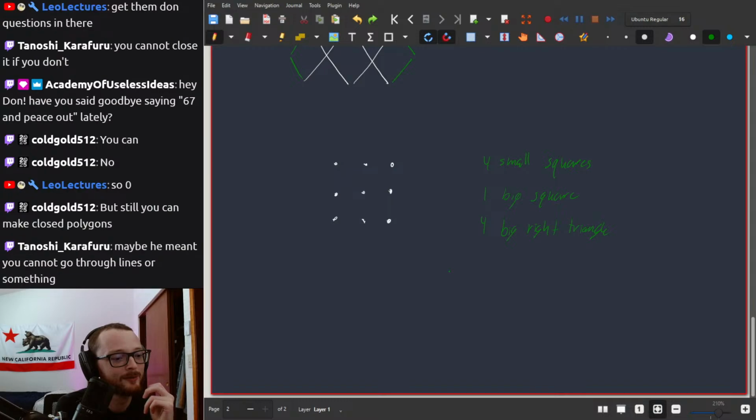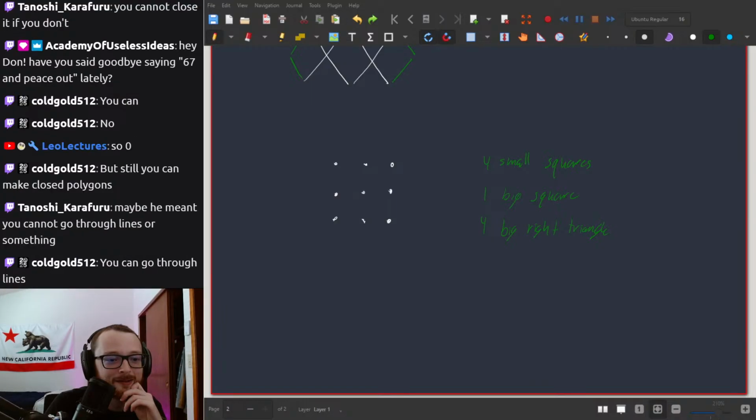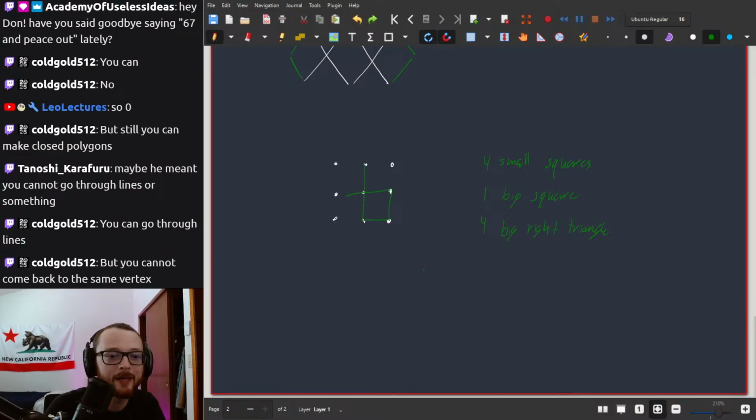You can. Wait, no, but you can still make closed polygons. You can go through. Oh. So you're saying I can make... Wait, how do I... If I do that? Like, I made a square if I do this.